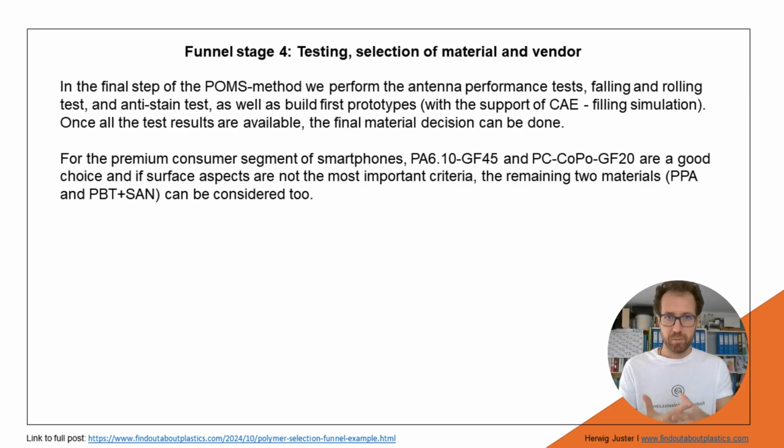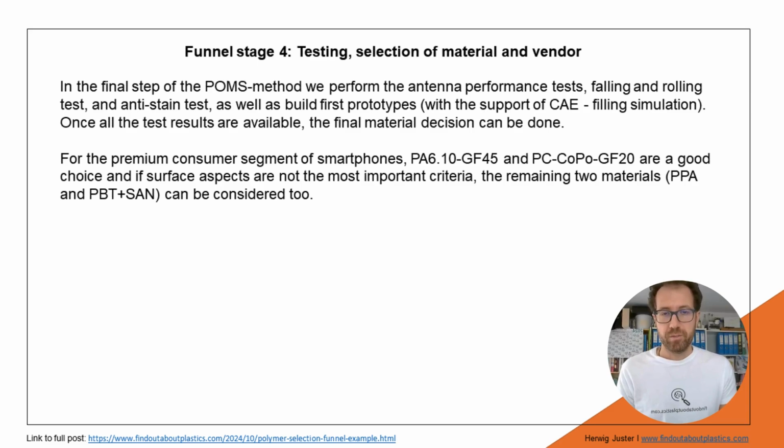we can also make some filling simulations, some virtual investigations, so that we can make the final decision. And in our case, the decision was made for the premium consumer segment of smartphones to go with the polyamide 610 with 45 weight% glass fiber and a polycarbonate copolymer with 20% glass fibers.